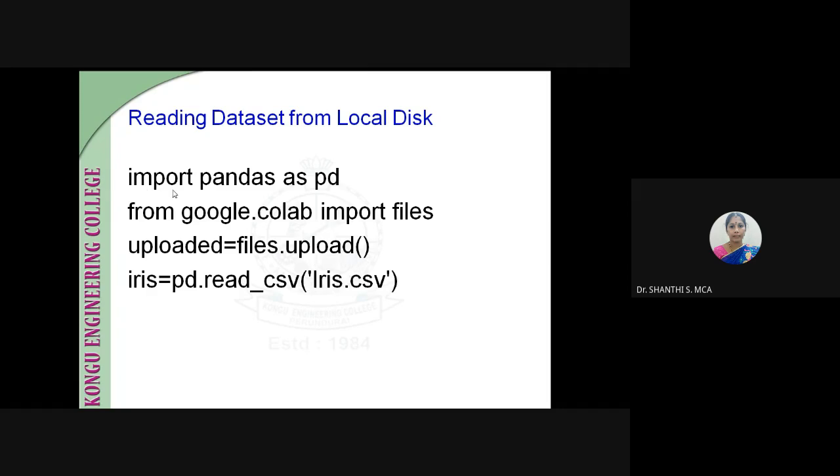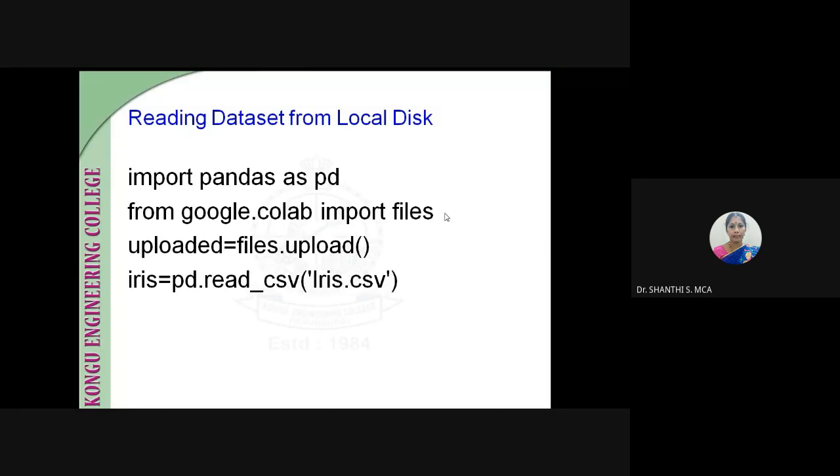First I am doing import pandas as pd. It is not necessary to give only pd. This is an alias name. You can give anything, but pd is a meaningful one. One option is to upload the file from your hard disk.